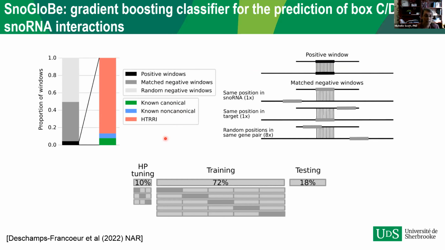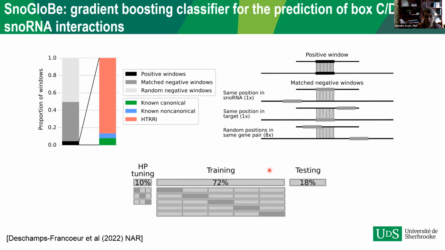All of these data sets were split into non-redundant tuning, training, and testing sets. We did this in a very stringent way to make sure that there was really no redundancy between these sets. For example, we don't train on an example and test on it as well, but we also used RFAM clans to split the snoRNAs in these sets.